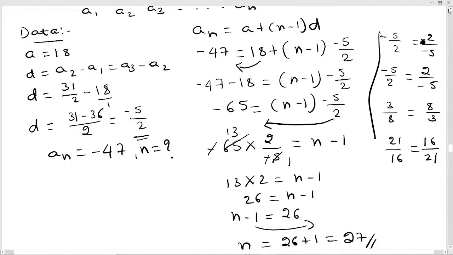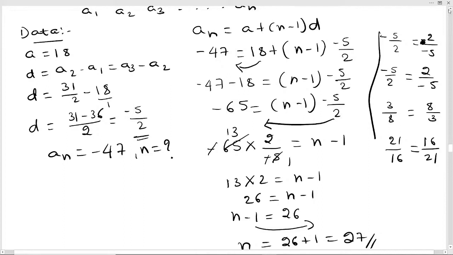So -47 - 18, minus into minus is plus, so the answer is -65 equals (n - 1) into -5/2. Now send -5/2 to the left hand side, it will become 2/(-5). Keeping -65 there, it is now division, so on sending to the right hand side it will become multiplication. So 2/(-5) equals n - 1.